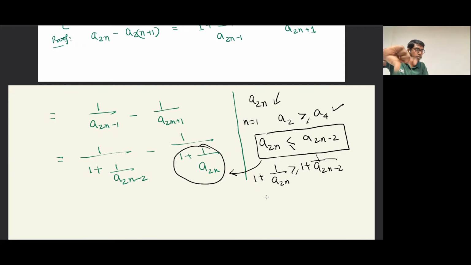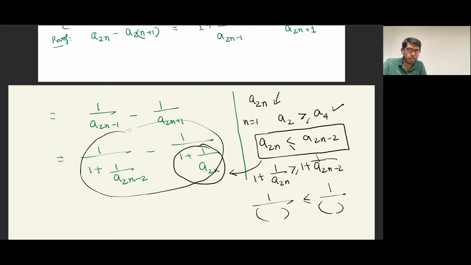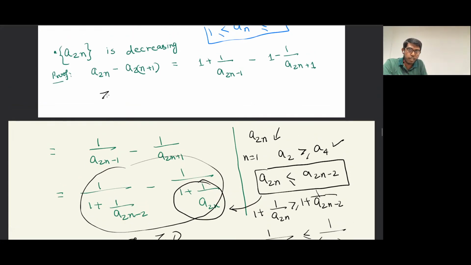But if you flip it, 1 by this is less than or equal to 1 by this. So this quantity is positive. Positive means greater than or equal to 0. And hence this is bigger than or equal to 0. And this shows that this is a decreasing sequence.